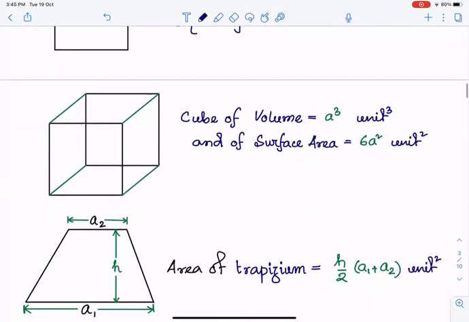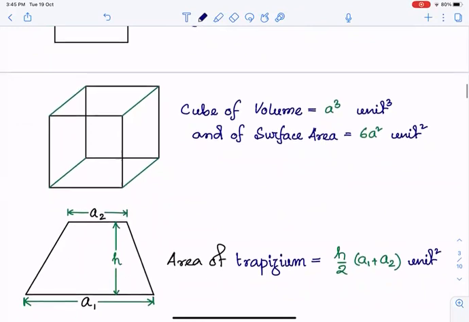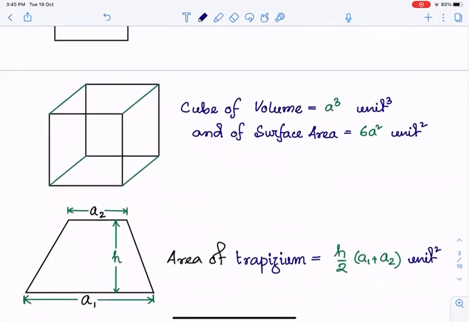If we think of a trapezium whose parallel sides are respectively A1 and A2 units, whereas the distance between the parallel sides is H units, then the area of the trapezium will be half into H into A1 plus A2.